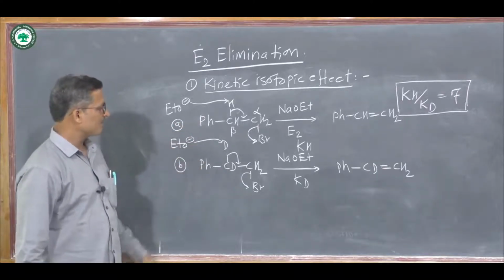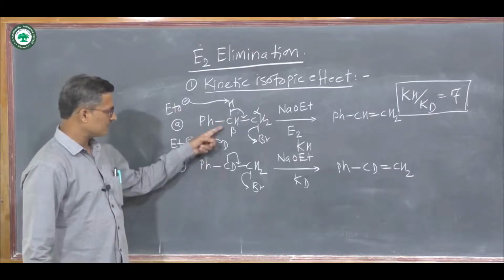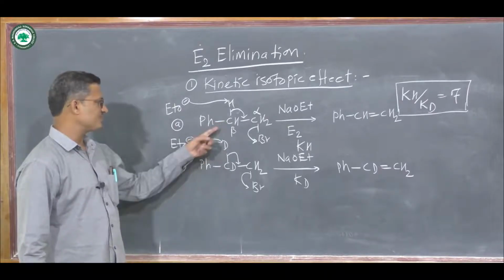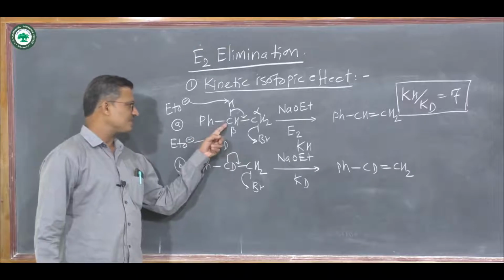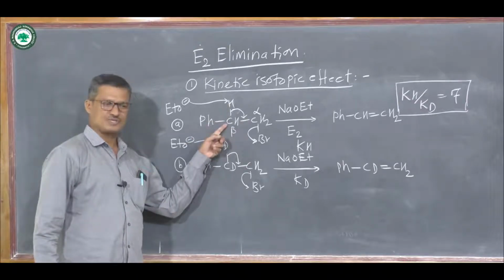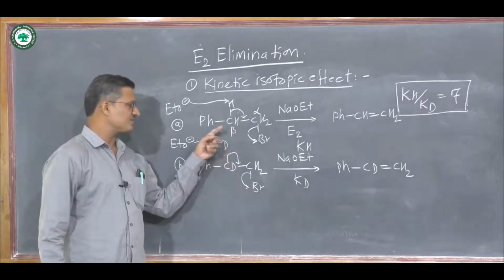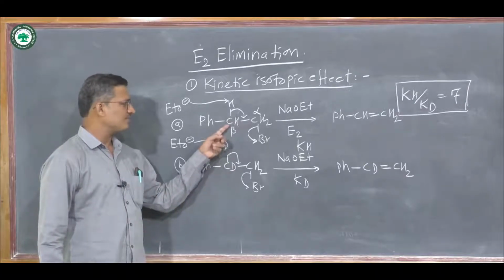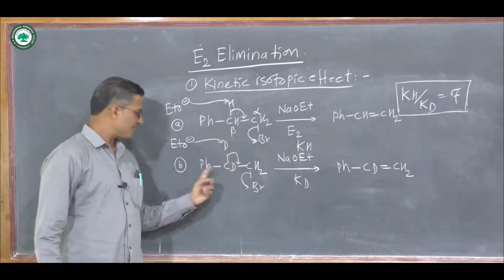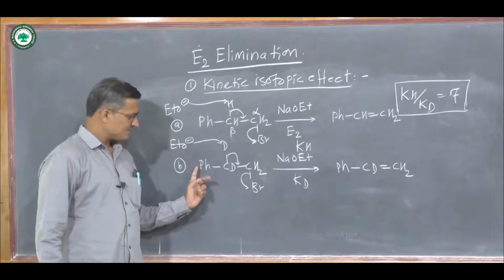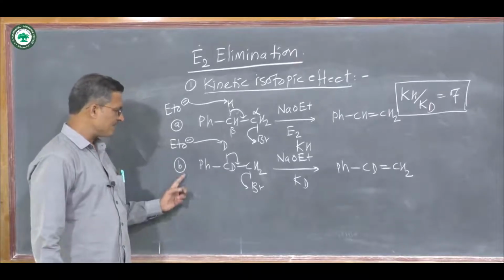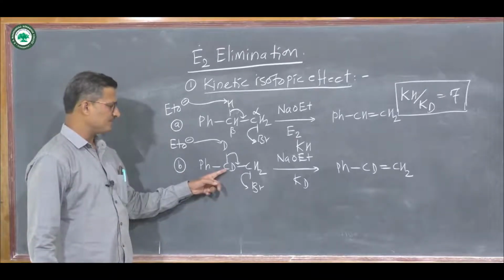Because in case of the first reaction, at the beta carbon there is a hydrogen, but in case of the second reaction, at the beta carbon there is a deuterium.